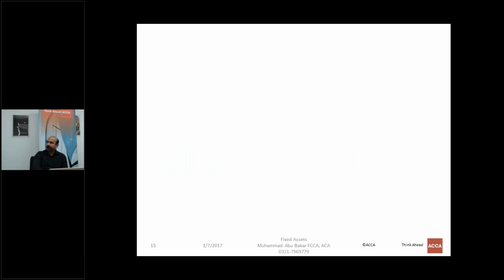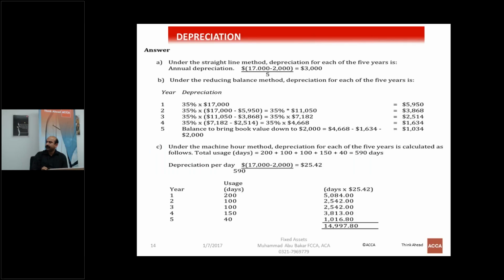See here, you can see that in case of the machine hours method, benefits are being consumed in the pattern the lorry is being used. Like we used it for 200 days in year 1, so this is the depreciation.